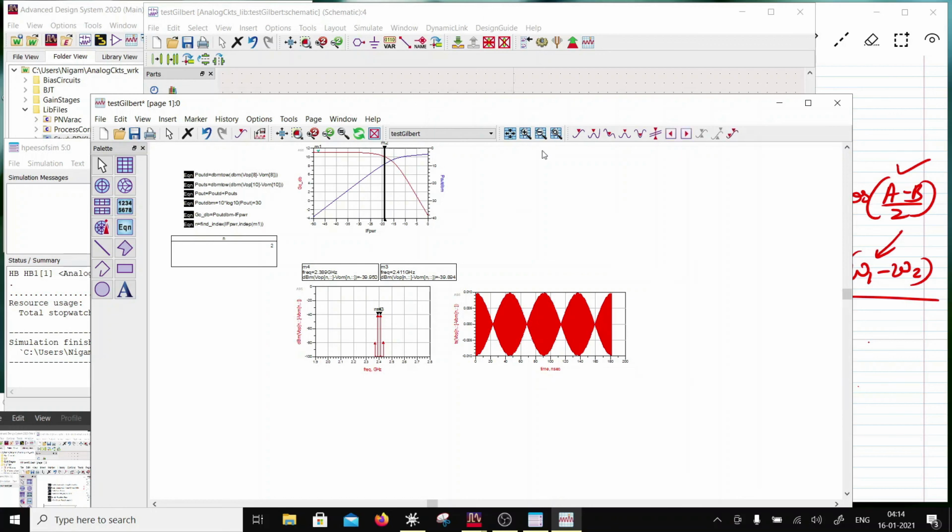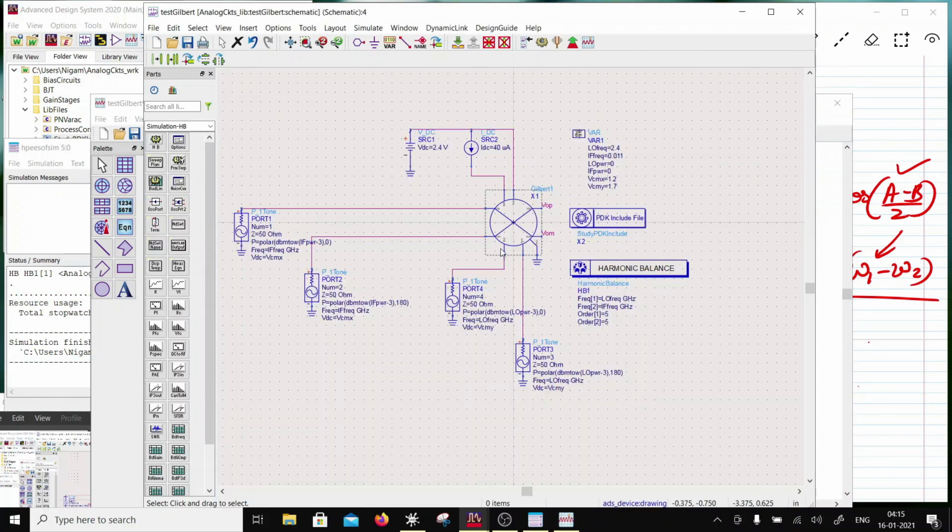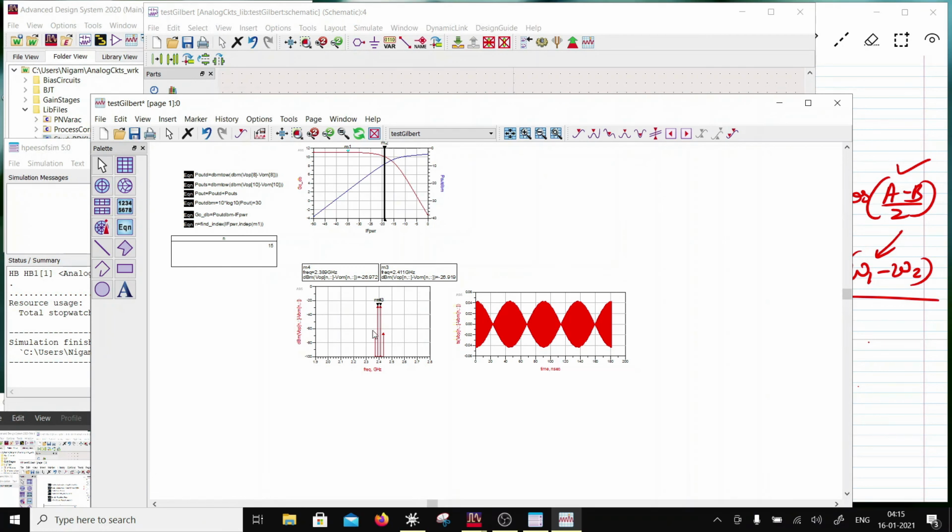And if you vary this, the amplitude is going to change, right? So this is how a mixer, Gilbert cell mixer up conversion is working. You can also design a Gilbert cell down conversion mixer. It's the same design, it's just that you are going to connect a RF input instead of a IF input, right? And then you'll get the difference component which you are looking at as a down conversion.